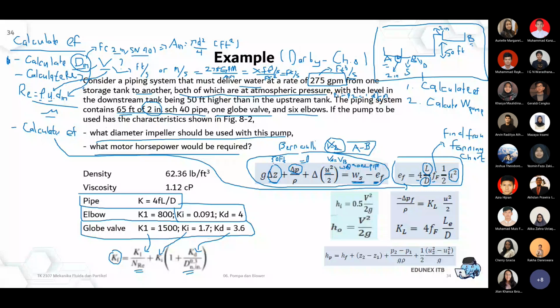If it's in the fitting, then you have two options. For fitting, the fitting is elbow, T, globe valve. For fitting, do you want to calculate in L per D equivalent?